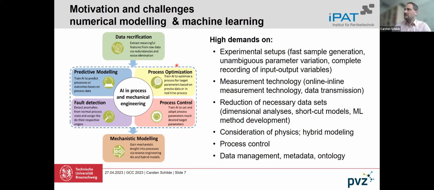So we have certain issues and high demands also on the data and on the processing, which is similar in experiment and also simulation. So you have to know what you do, and the goal at the end is to get to some methods which make process control possible, or to have the ability to derive physical equations again.